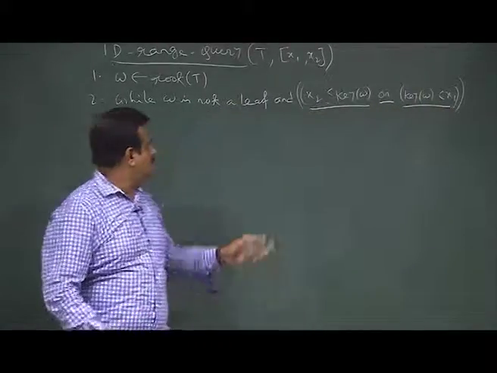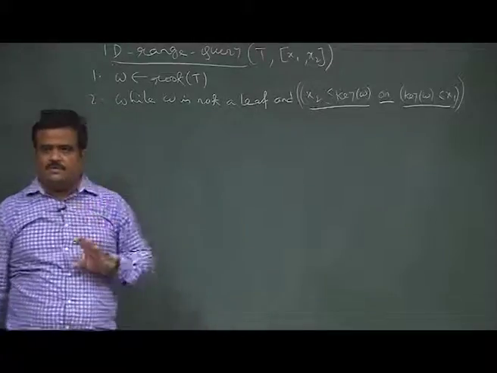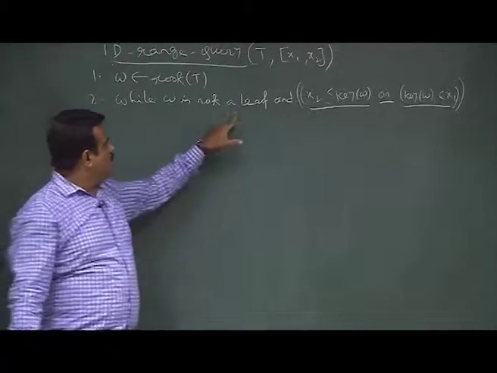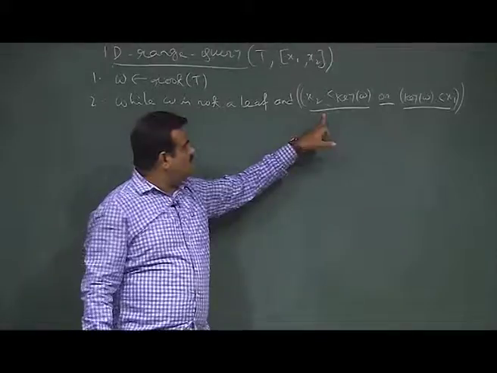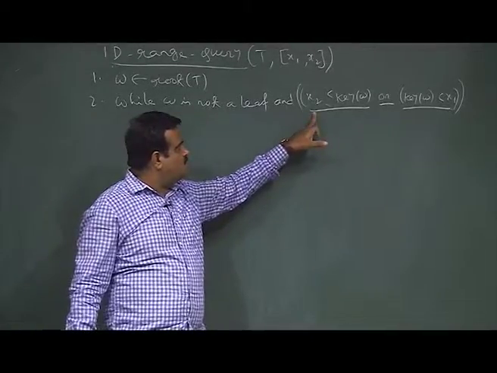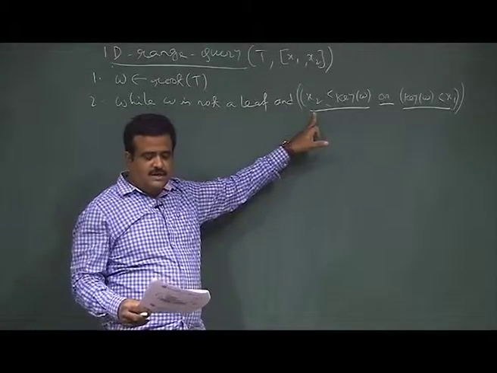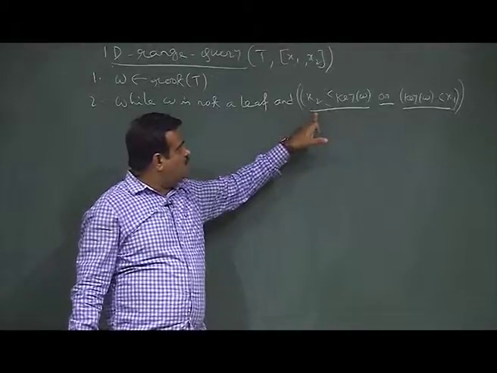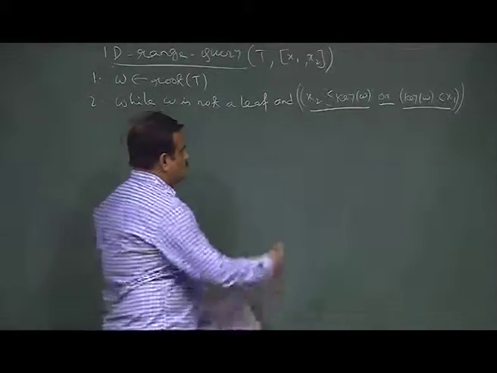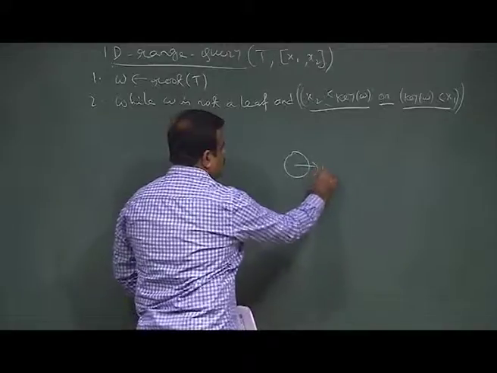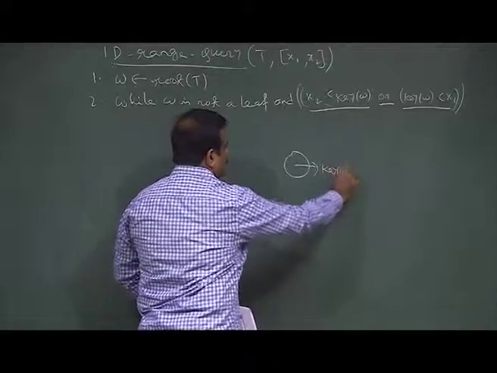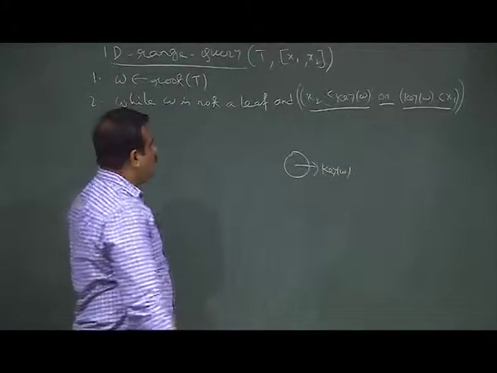So, either W is a leaf, and if it is a leaf we stop, otherwise we check whether this is a split node or not. This is the root, this is the key of W, and we are looking for x1, x2.